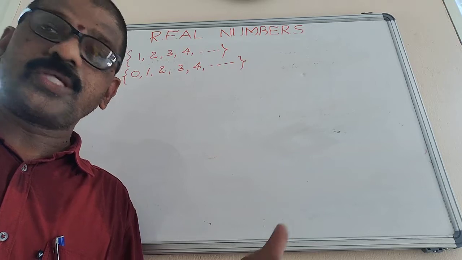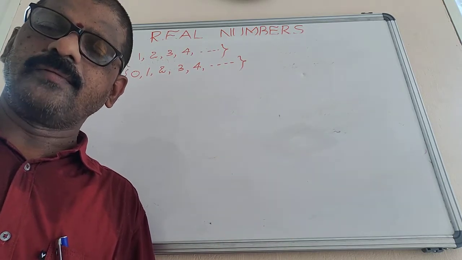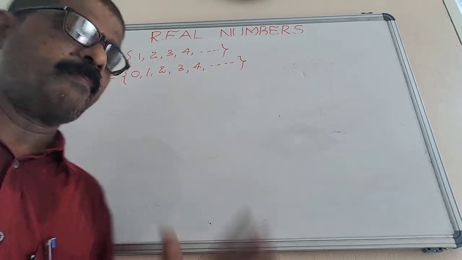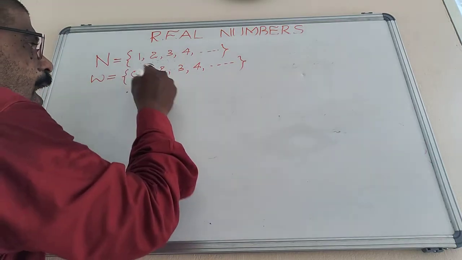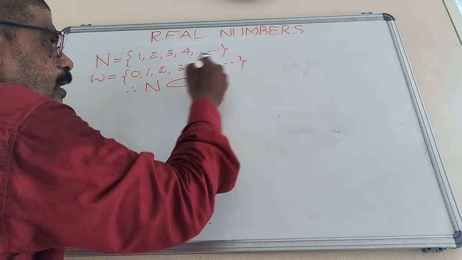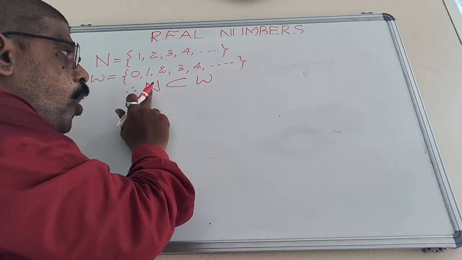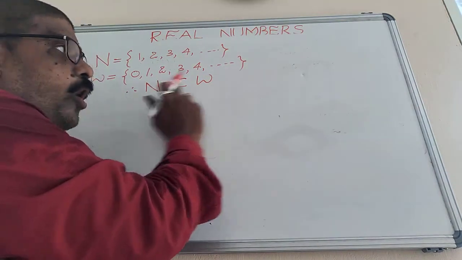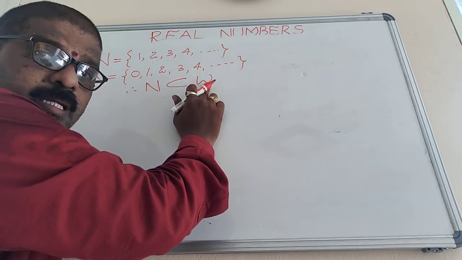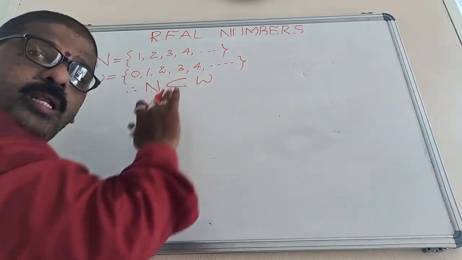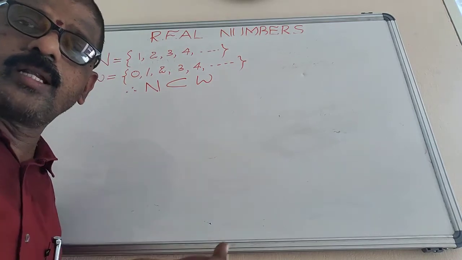Why? 0 is not in natural numbers. Clear? Therefore, N is a subset of W, read as N subset of W.